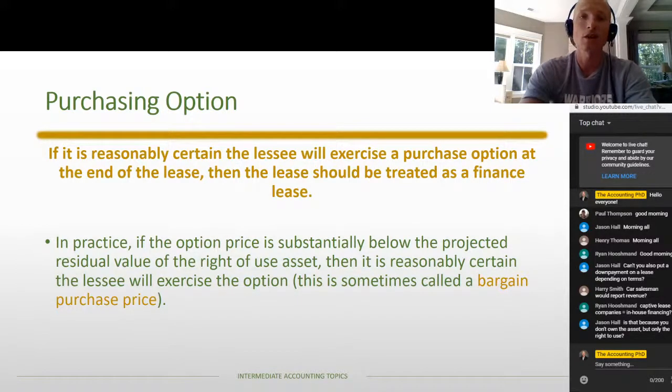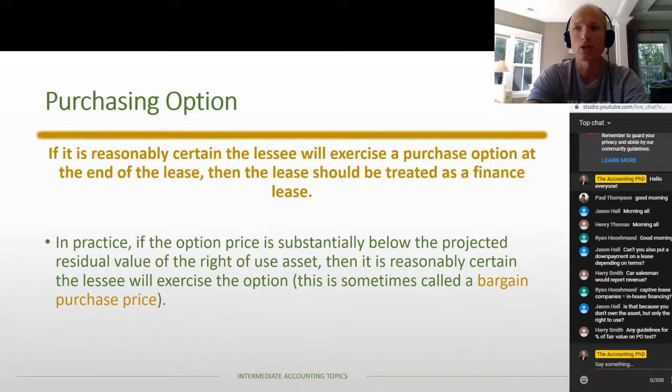Now let's say the same $15,000 projected value, but the price is $14,000. Well, in that case, it's really not certain that it's substantially below, and so I would not say that it's reasonably certain. So for that particular case, I would not say that the purchasing option triggers a finance lease. Again, there is some judgment, though.